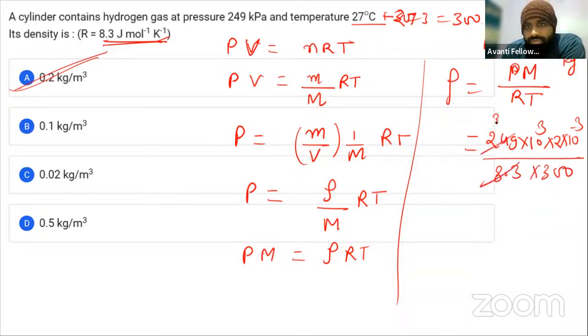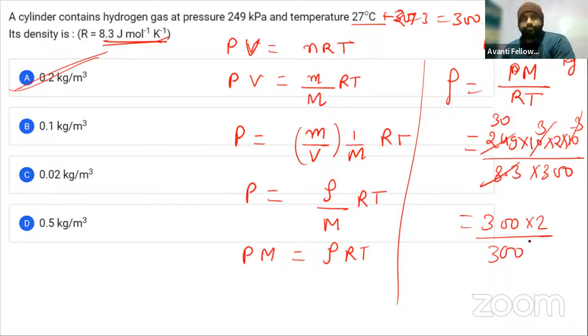This will cancel out, this will also cancel. It is not 300, it is 30 here. So it will become 0.2 kilogram per meter cube. Okay, so this one is the correct one.